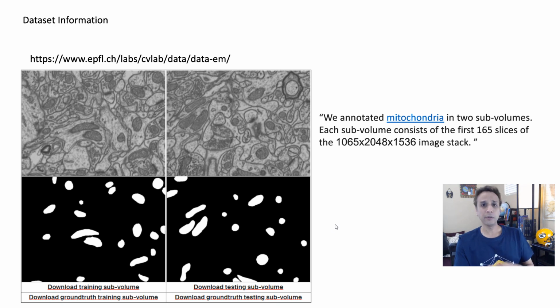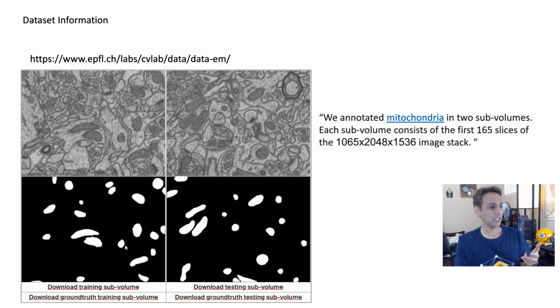Okay. Now, what data set are we going to use? Again, here is the link to the data set. It's electron microscopy images, a bunch of electron microscope images and corresponding labels. You can download the training subvolume, the ground truth, and the testing subvolume ground truth.